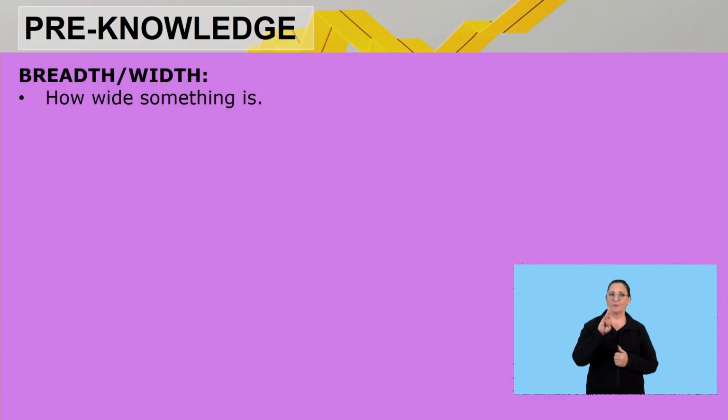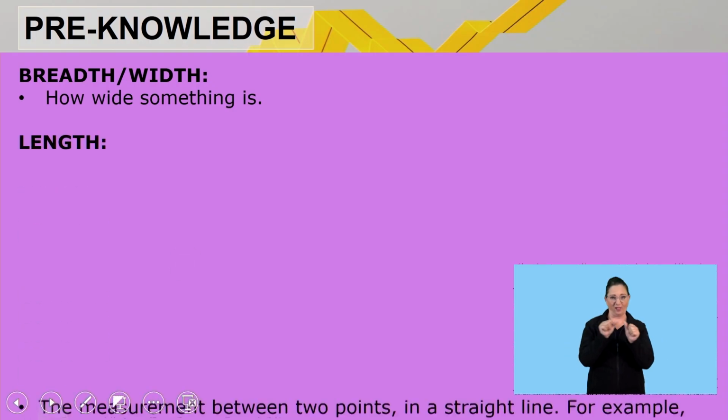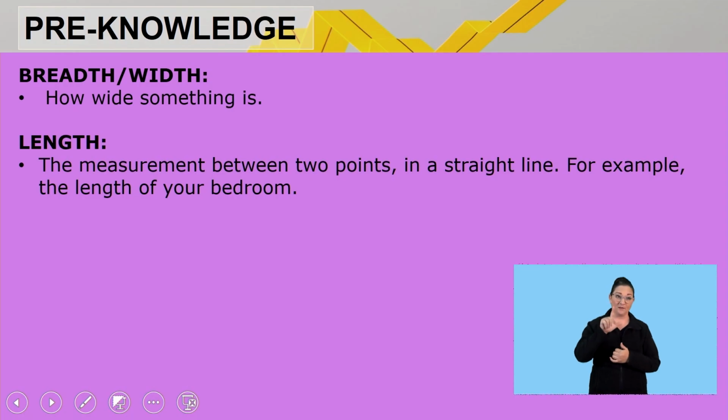So let's look at some important terminology. Breadth, sometimes referred to as width, is how wide something is. On the other hand, we have length. Length is the measurement between 2 points in a straight line, for example, the length of your bedroom.